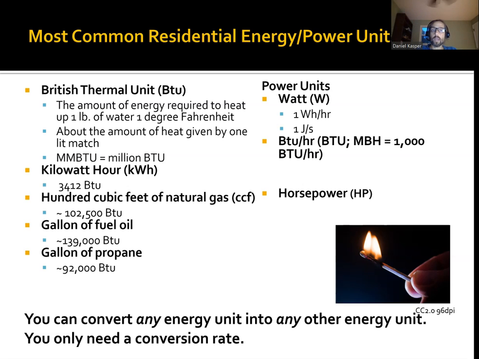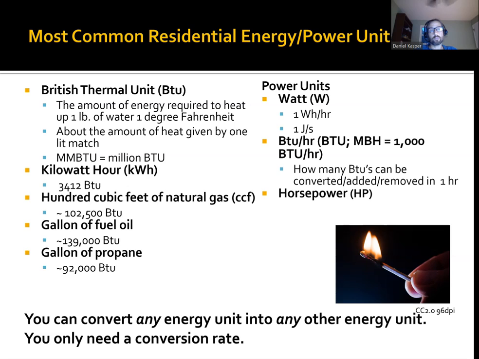A BTU per hour, we'll use this a lot for furnaces, but they also use this for air conditioners and heat pumps. A BTU per hour is confusingly usually just abbreviated as BTU, so a 50,000 BTU air conditioner means it's a 50,000 BTU per hour air conditioner, which means you can remove about 50,000 BTUs every hour.